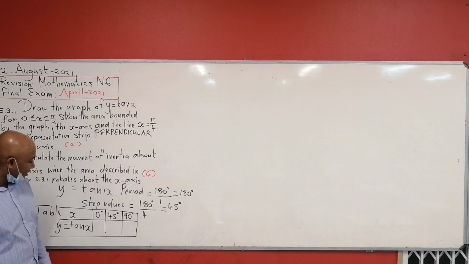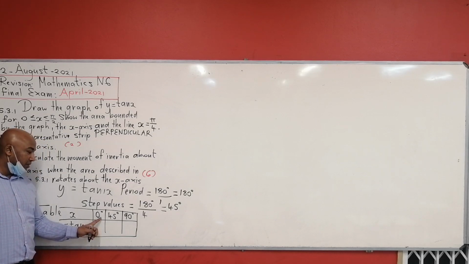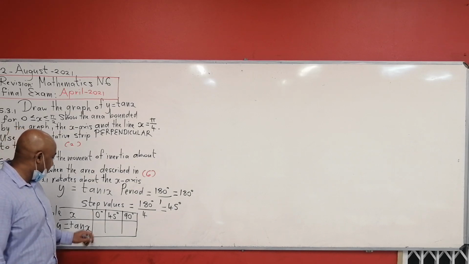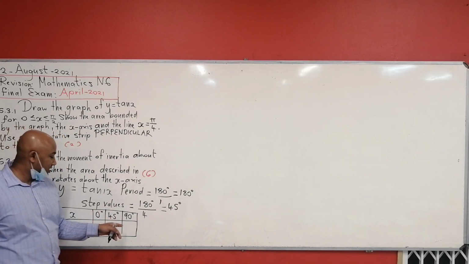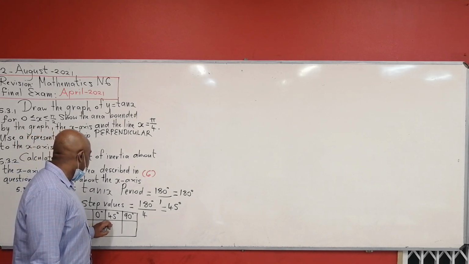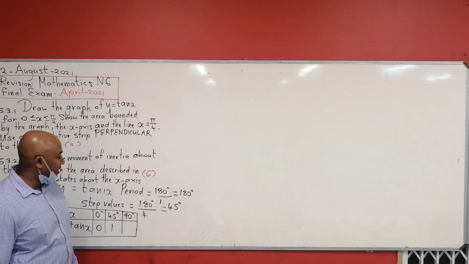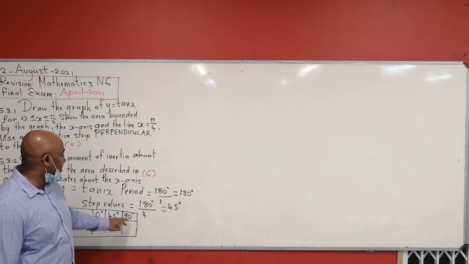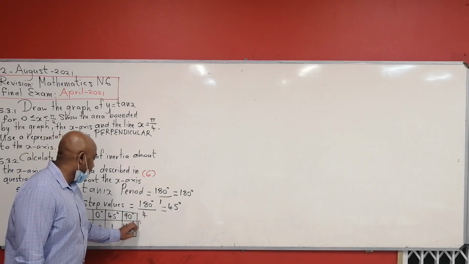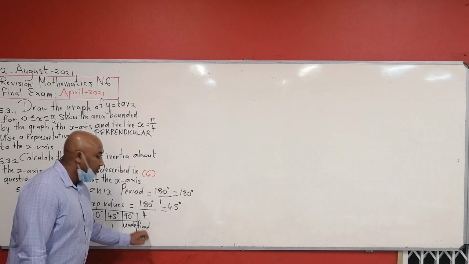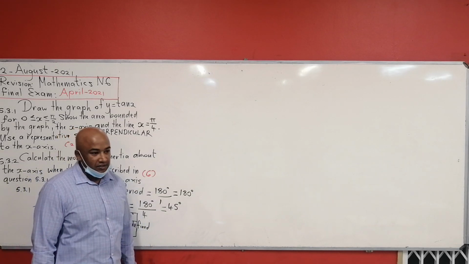So now, when x is equal to 0, what is y equal to? Tan of 0, which is 0. When x is equal to 45 degrees, tan of 45 is 1. And then when x is equal to 90 degrees, it is undefined at this point. It is undefined at 90 degrees.